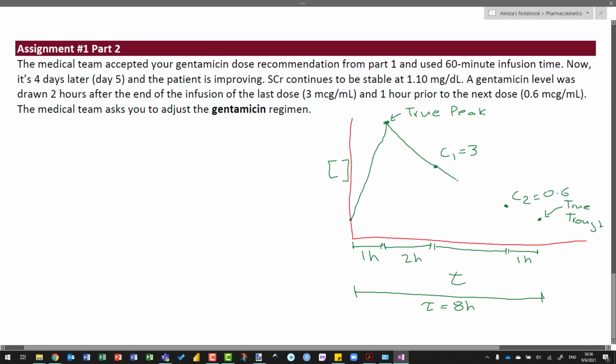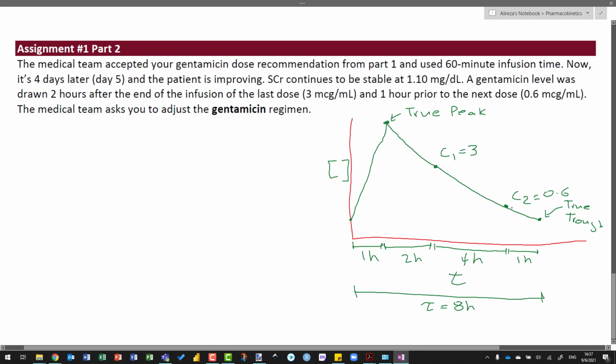Now, it basically went down from here to here, and then it's time for the next dose here. Okay, so if you just look at this, you can calculate how much time is here. So basically 8 minus 1 minus 2 minus 1 is basically there was 4 hours between C1 and C2.